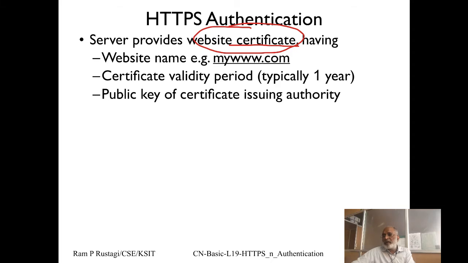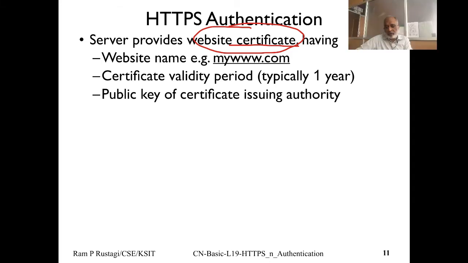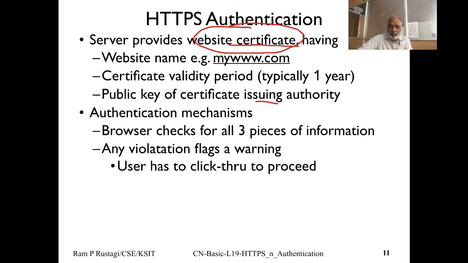Anybody can issue a certificate, but the browser must know the recognized authority, and only when it matches does it accept the certificate. If any of these three things, the issuing authority, the validity period or the website name, does not match what is contained in the certificate, it gives you a warning saying you are entering a risky zone and better not to go there.